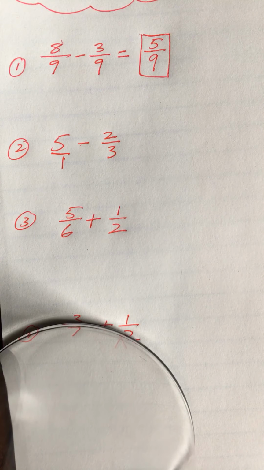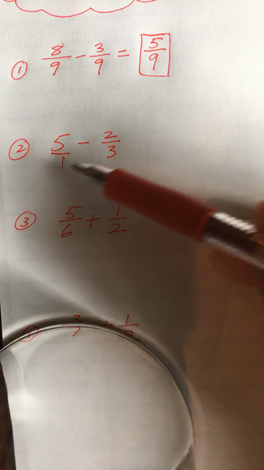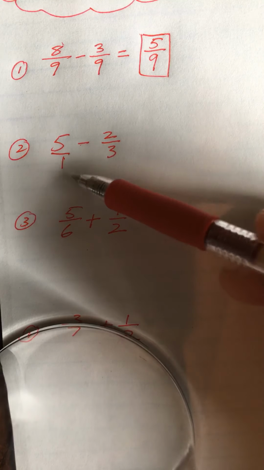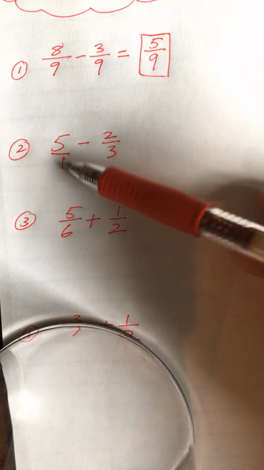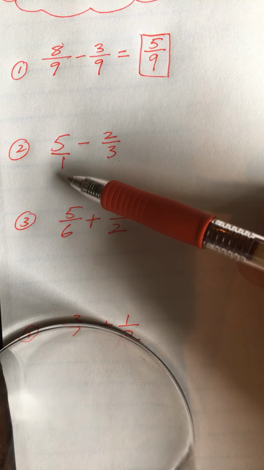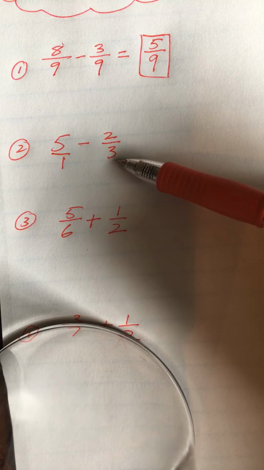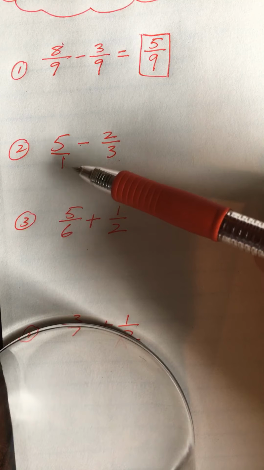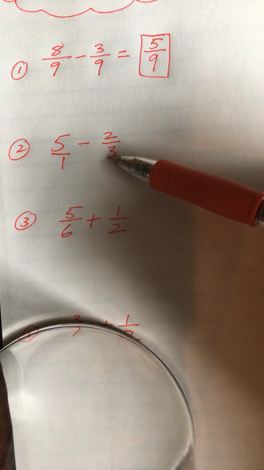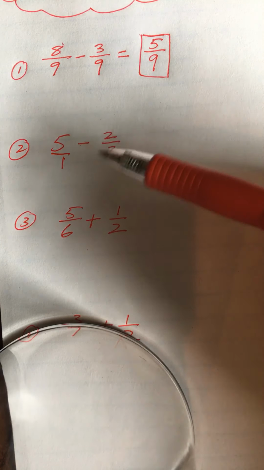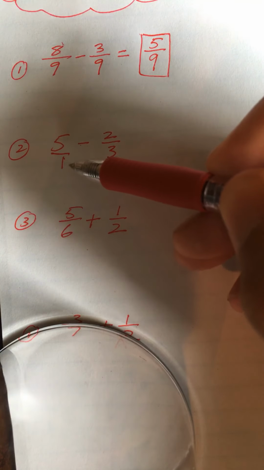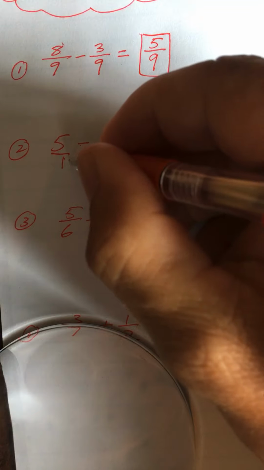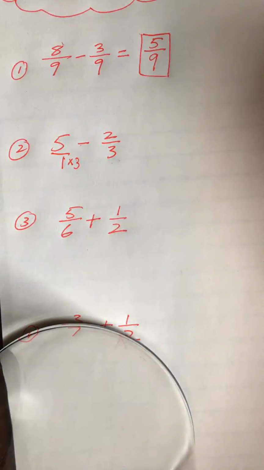The issue that we have here is that the denominators are not the same. I have a 1 and I have a 3. So in order to subtract these two fractions, I need to make the denominators the same. The least common denominator between 1 and 3 is 3. So I'm going to change 5 over 1 to have a denominator of 3 by multiplying the bottom by 3.